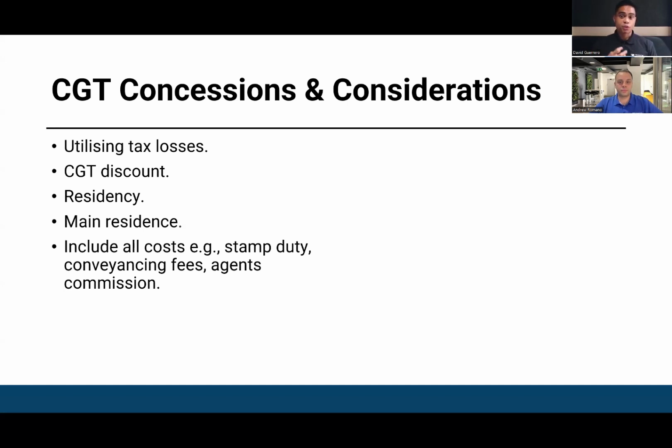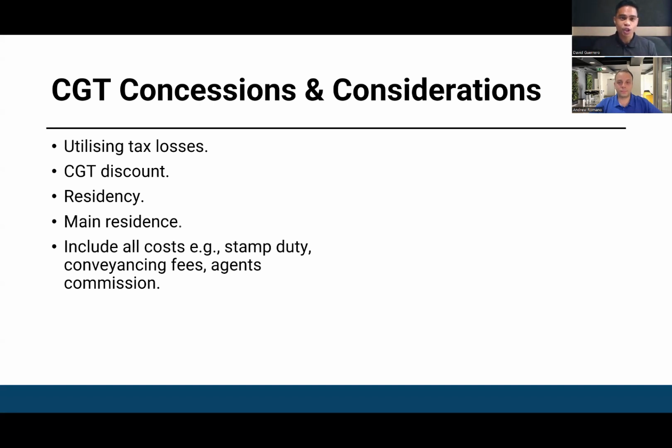If you are a foreign resident, certain eligibility and apportionments may come into play. If it was your main residence at any point in time, that will also impact the overall outcome. So make sure you bring all these relevant facts to your tax advisor when calculating and determining your CGT.